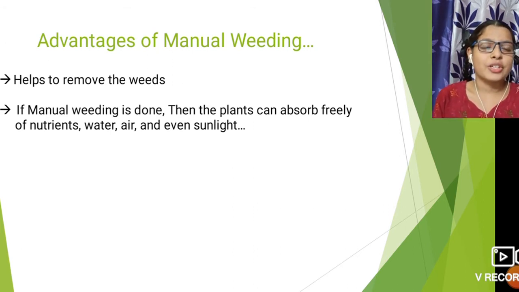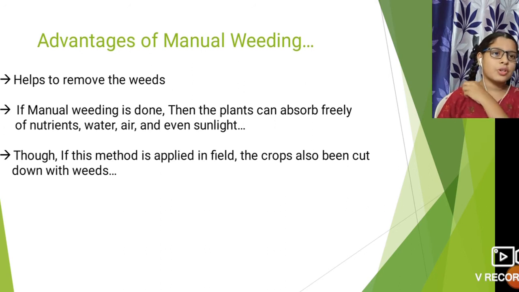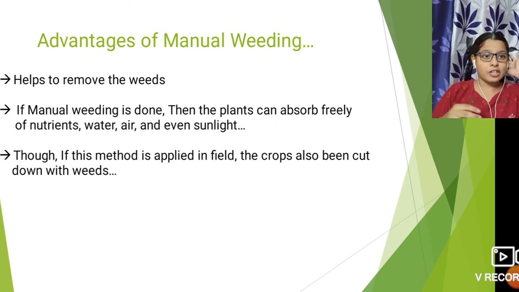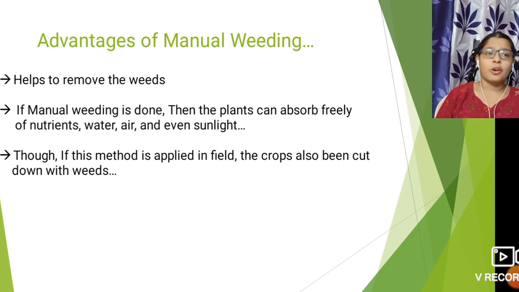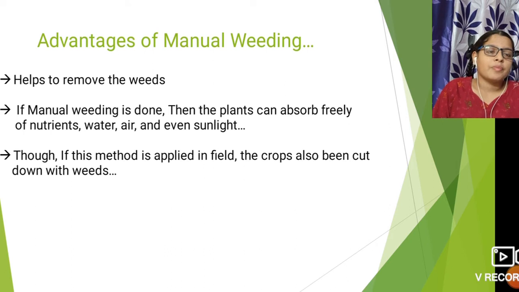Okay, so the third advantage is, if this method is applied in the field, the crops may also be cut down along with the weeds. If farmers use a trowel, a harrow or a hoe, or even do it by hand, it is the best method, but sometimes the crops are also removed with the weeds.